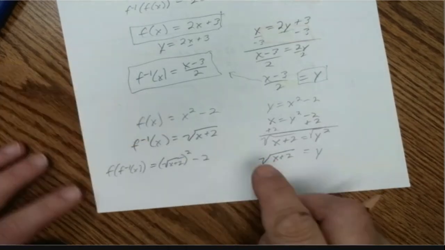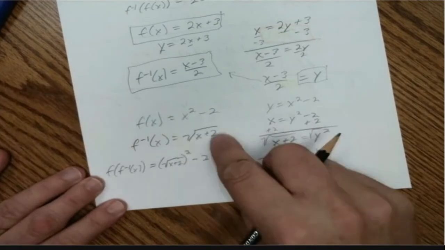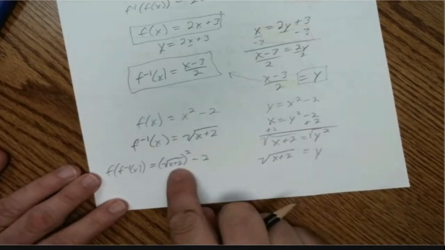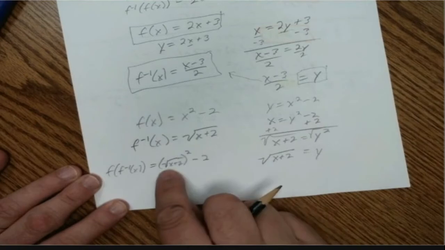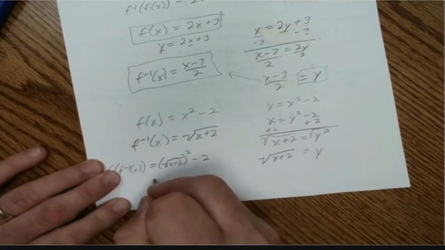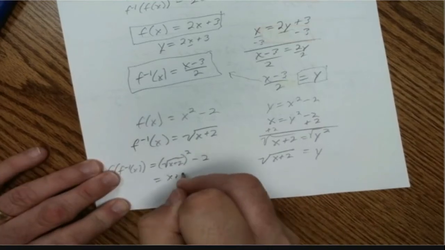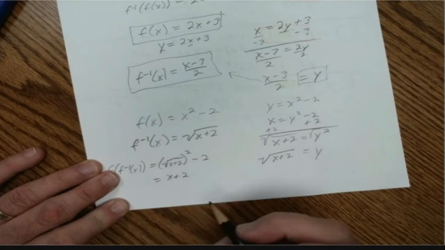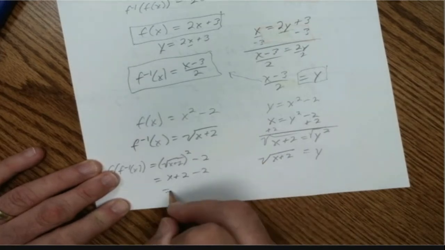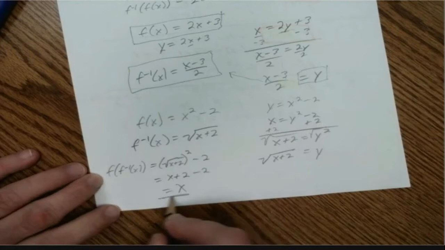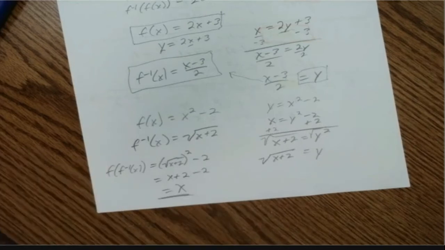So we took this and we're substituting in for this x. The square root of something squared cancel each other out. So this is just x plus 2, because we squared a square root. Minus 2. x plus 2 minus 2 equals just x. So it should just equal x if they're inverses of each other, which it did.